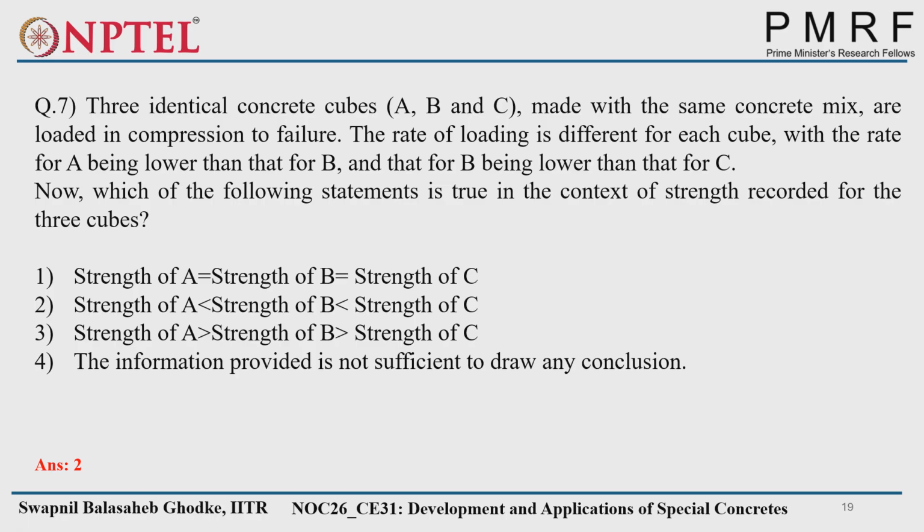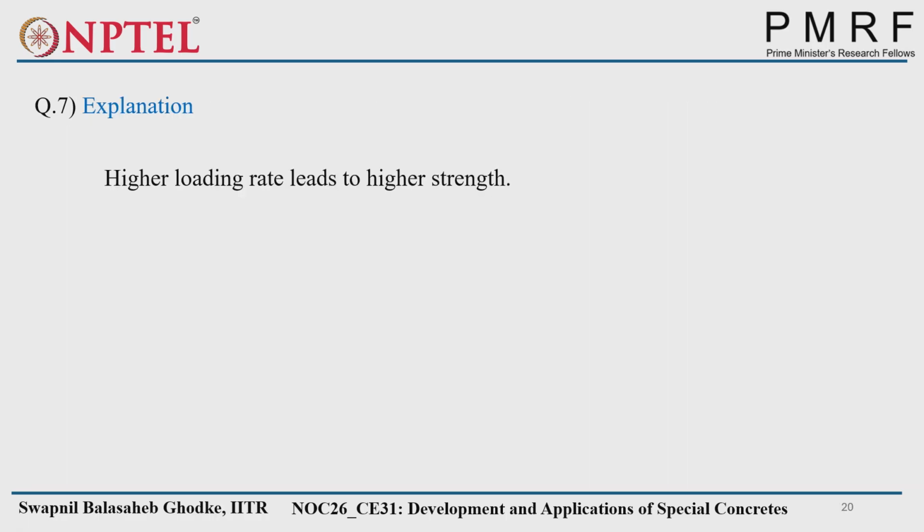No, as I mentioned in the first sentence, the same concrete mix is there. Only we are changing the rate of loading. So there must be some relation because of the rate of loading. Some mechanism will happen, and because of that only, strength differs. Suppose we go with the same rate of loading, strength will come out nearly the same. But we are going with different rates of loading, and as it's the same concrete, we are getting different strength. So there must be some reason behind that.